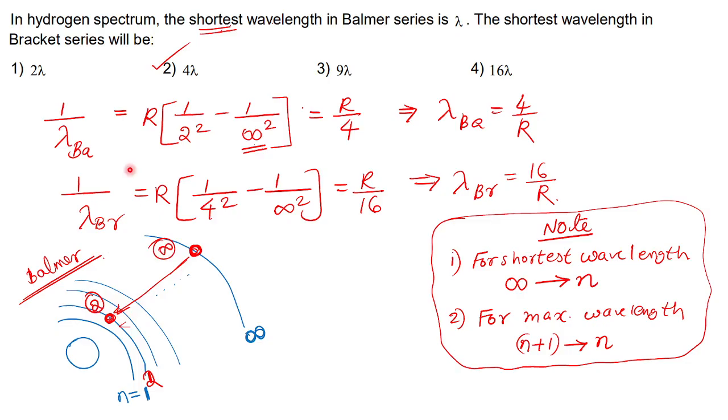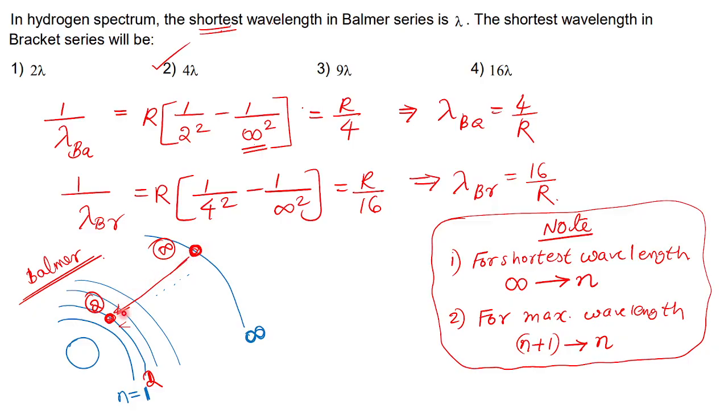So the corresponding wavelength will be 1 by lambda equal to R into 1 by n1 square minus 1 by n2 square. Do you remember that formula? If you don't remember or don't understand, please tell me, I will repeat.